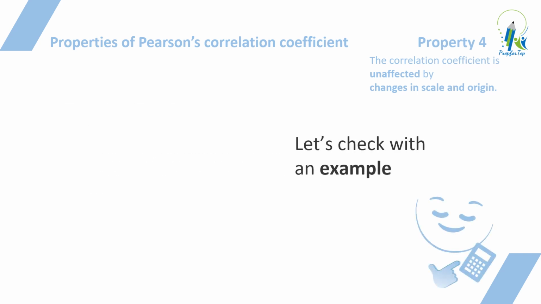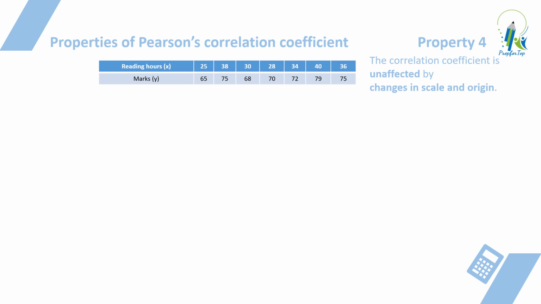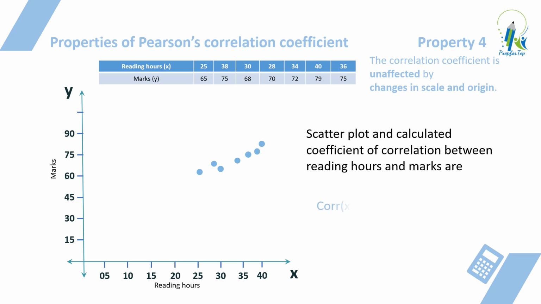Let's check with an example. Scatterplot and calculated coefficient of correlation between reading hours and marks are Cor(x, y) equals r equals 0.96.